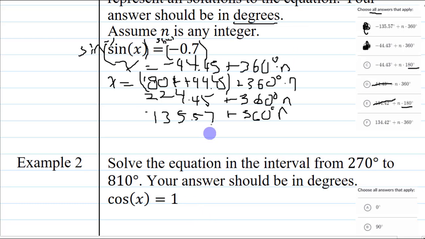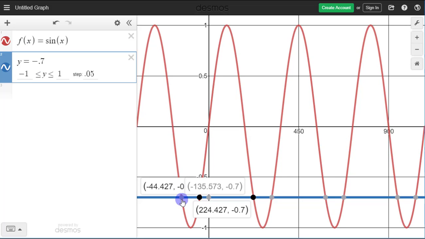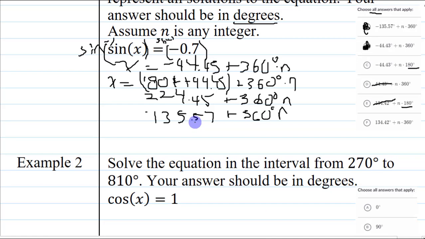And remember, 224 was the number we got for our second value. What's the other value that we can get? Let's come back over here. That value is negative 135. It gave us all three of these starting values, and you can always add 360 degrees to all of these to keep getting future answers. 360 degrees for this one happens to be the same exact spot here, and that's why we were able to subtract 360 to get that answer.